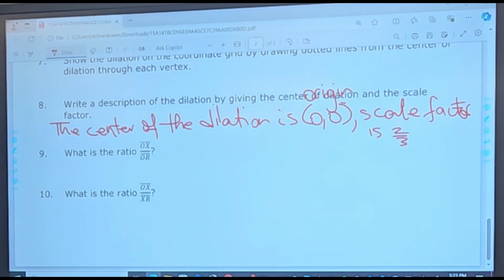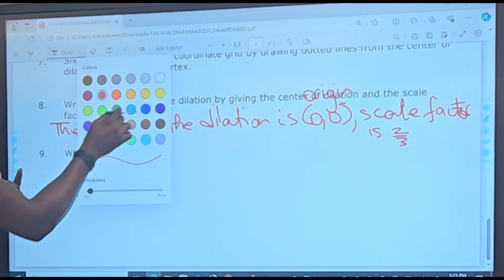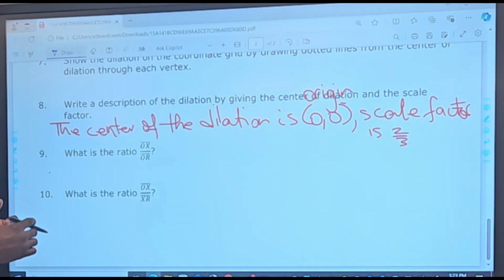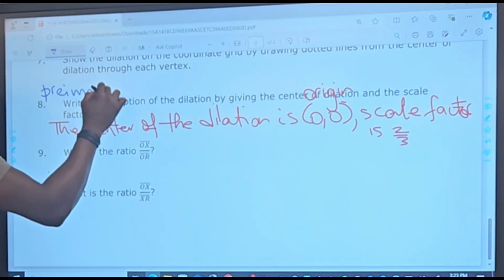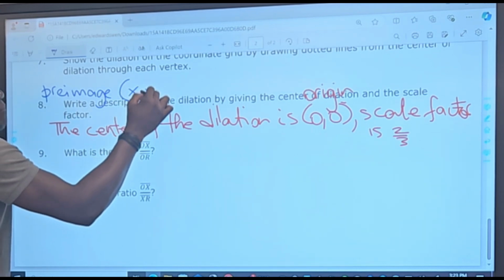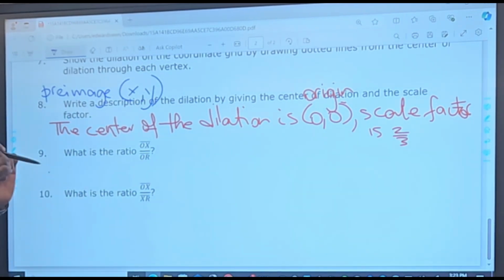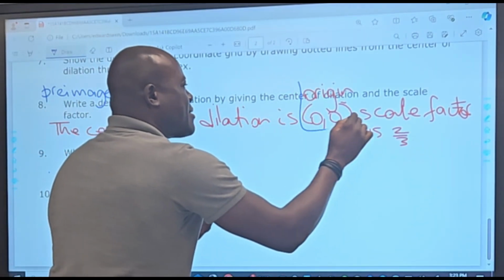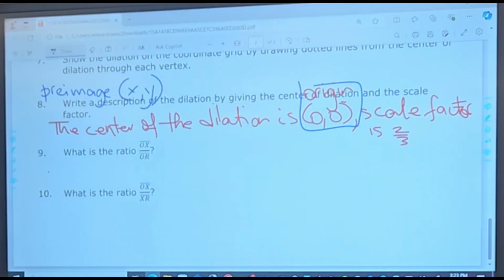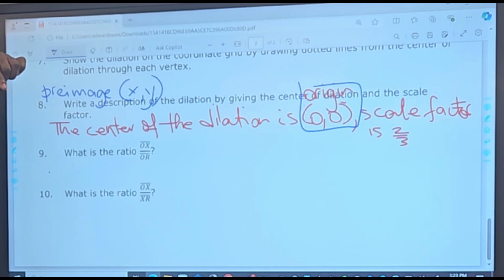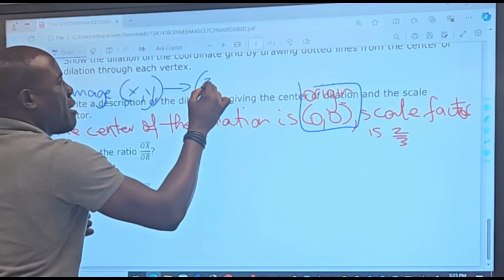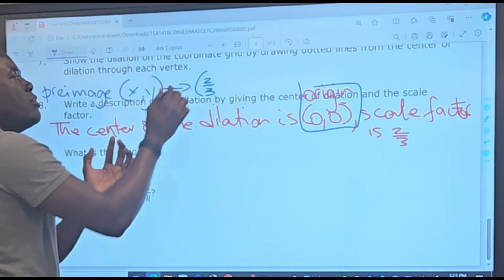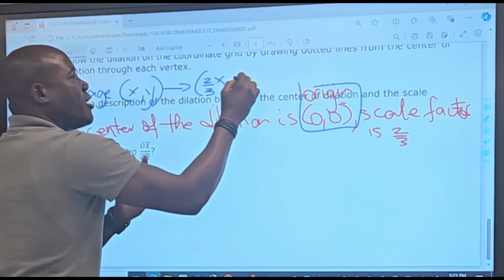Now, there is an algebra to this description that I'm going to put here. If I know my pre-image coordinate to be x, y, as long as my dilation is at the center here, I can know what the coordinates for the image are going to be. All I'm going to do is multiply my coordinate values by the scale factor.